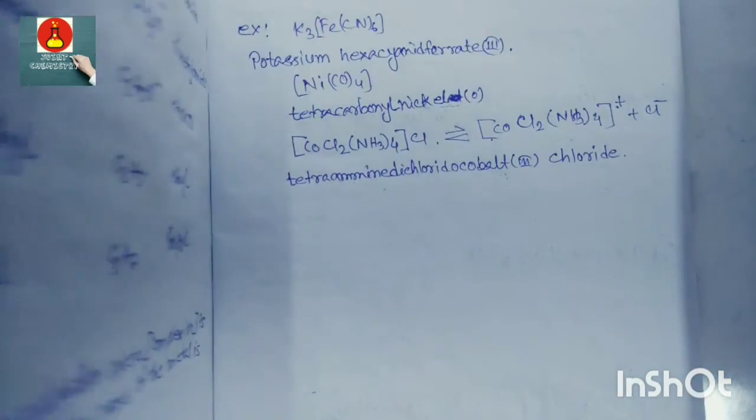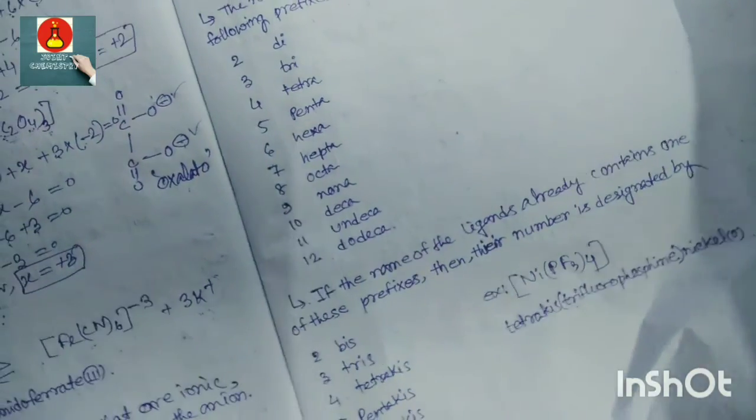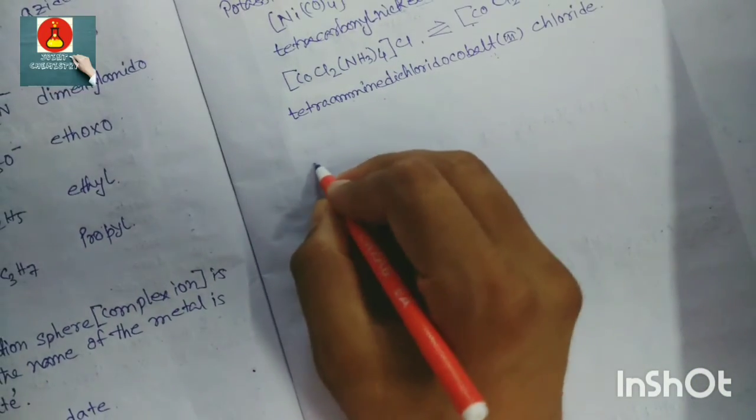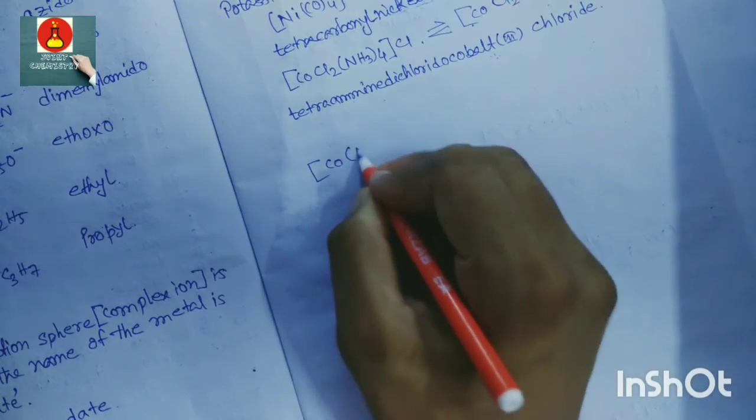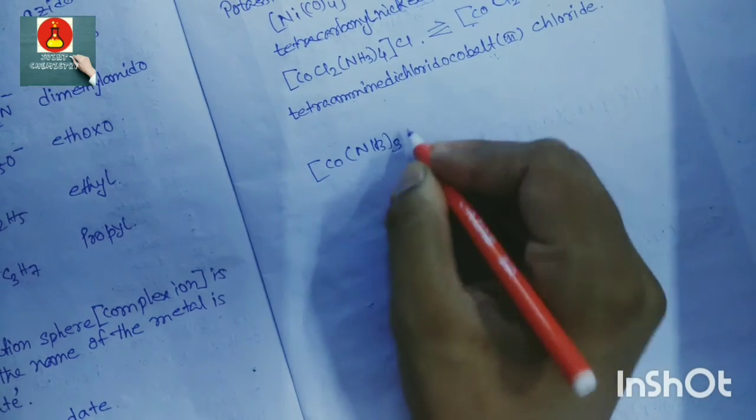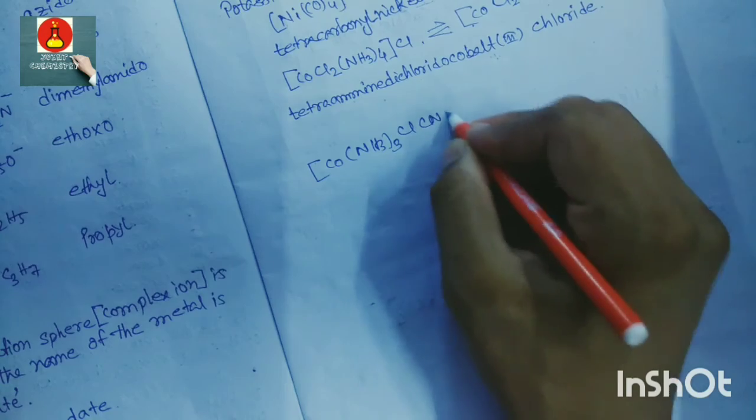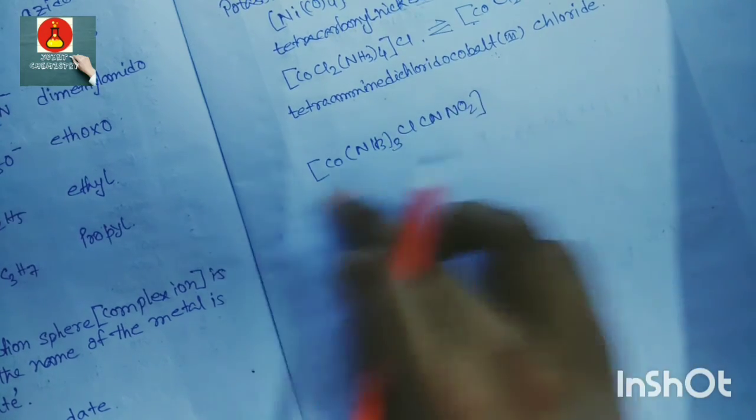Now let's do that example, this cobalt triammonia example: triammonia, then Cl, then cyanide, then NO2. So this is the complex.